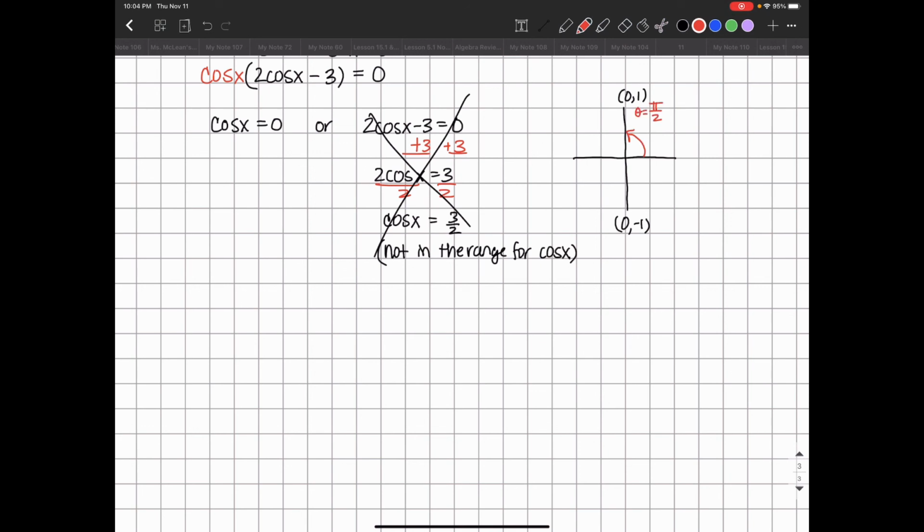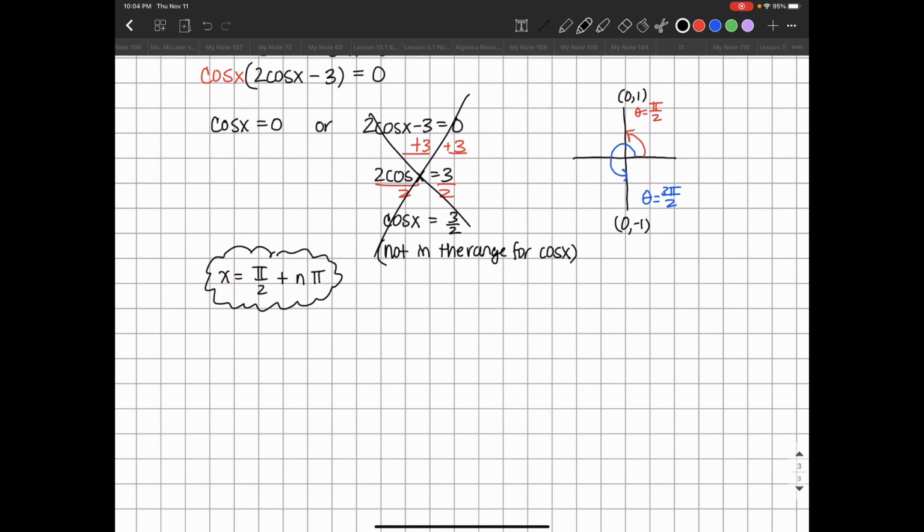If I just keep adding pi each time, also including that this angle here is 3 pi over 2, I can just say, in one short expression, x is equal to pi over 2 plus n pi.